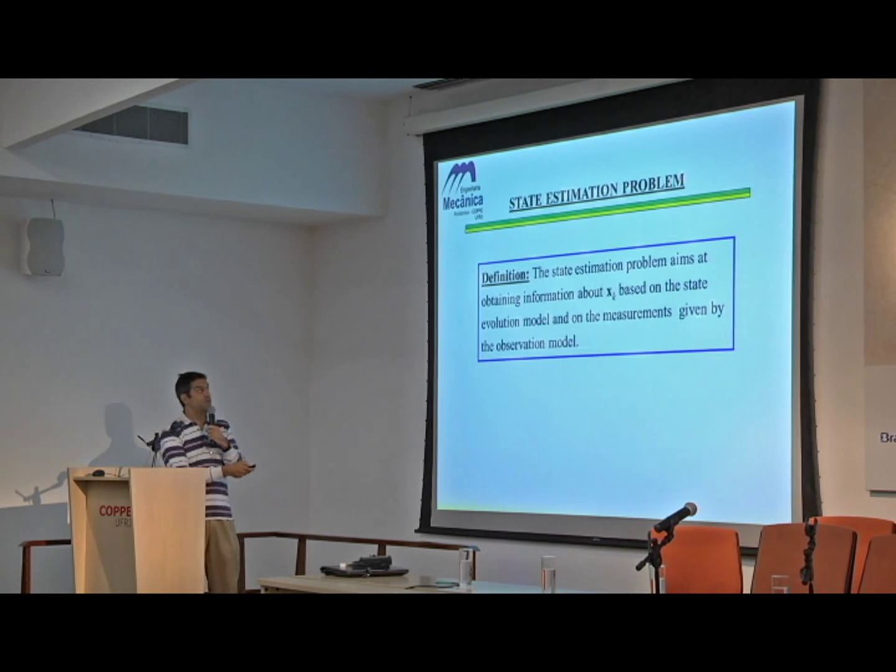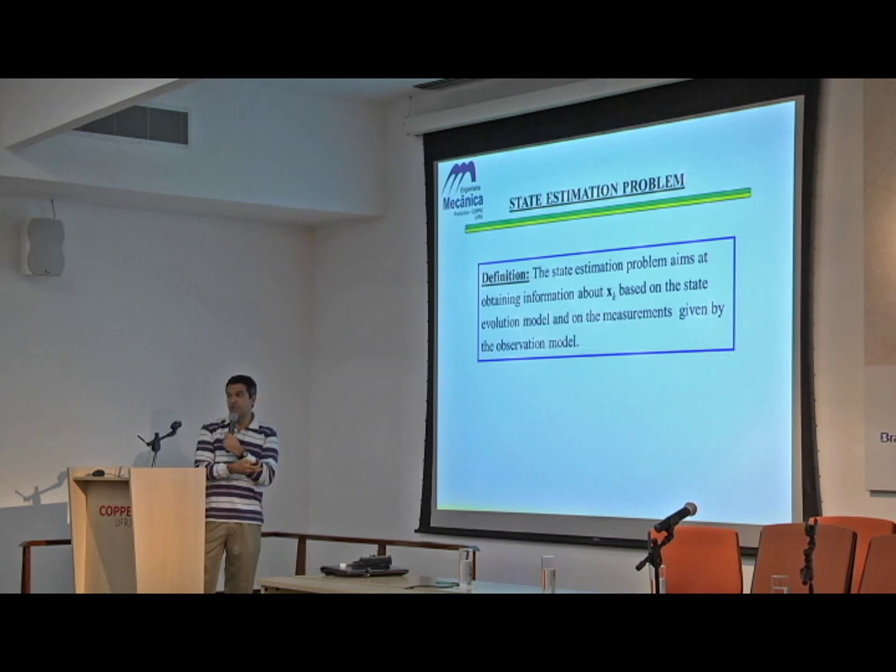And so the objective here is to estimate the state variables by using all the available information that we have. So it's the mathematical formulation of all the physical problems involved in the evolution of those state variables, and all the physical processes that are involved in the measurements themselves.